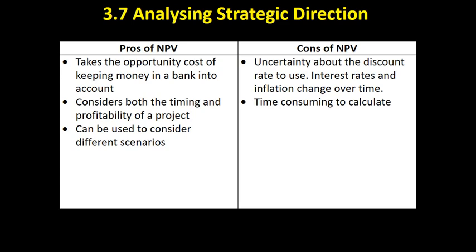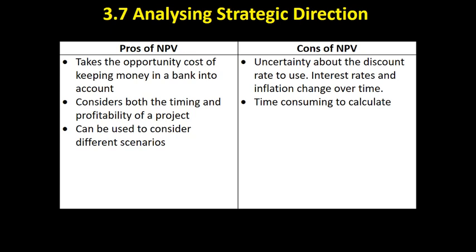Because, of course, we want a reward for our risk: investment is risky, putting money in the bank is relatively safe, so we can see if we're getting rewarded for the risk of an investment. It considers both the timing and the profitability of a project, and can be used to consider different scenarios, such as interest rates going up, or what happens if we get money later rather than earlier. How will that affect the overall profitability of a project?